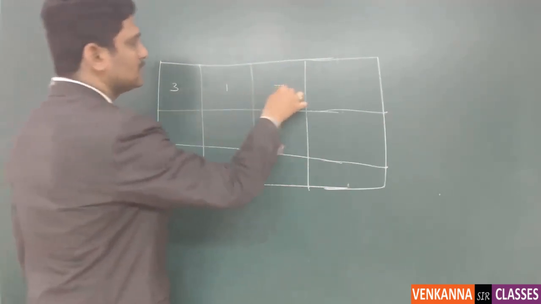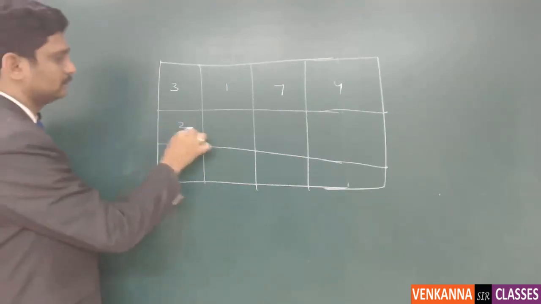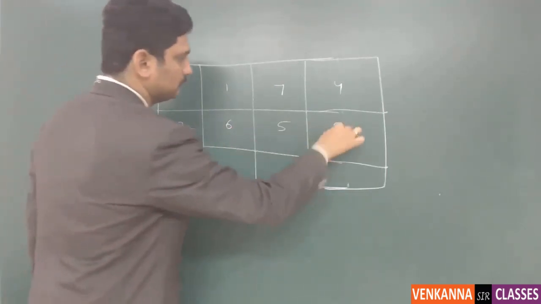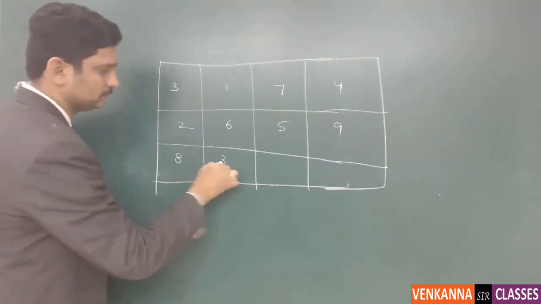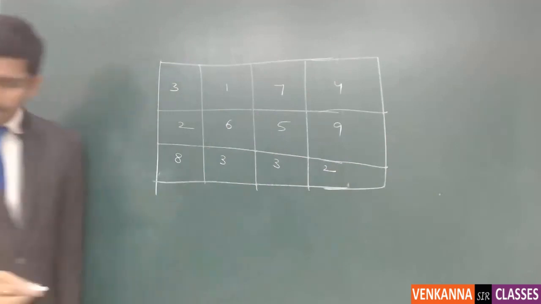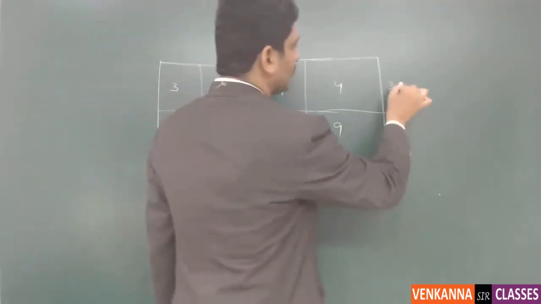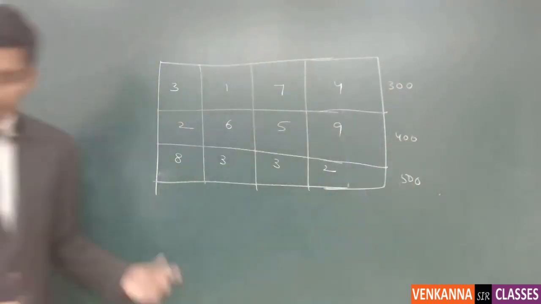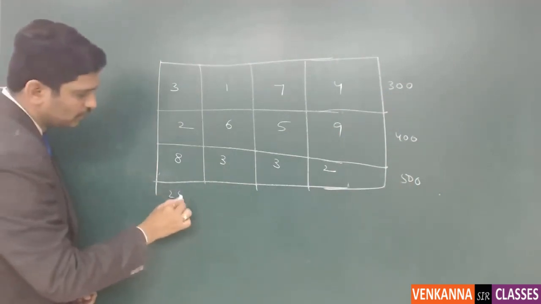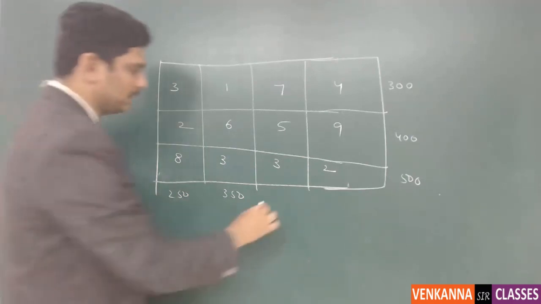The costs are 3, 1, 7, 4, then 2, 6, 5, 9, and then 8, 3, 3, 2. The corresponding supply is 300, 400, 500, and the demand is 250, 350, 400 and 200.